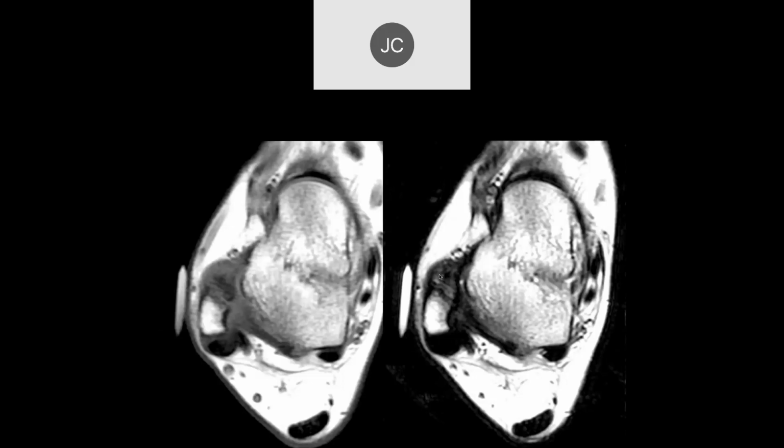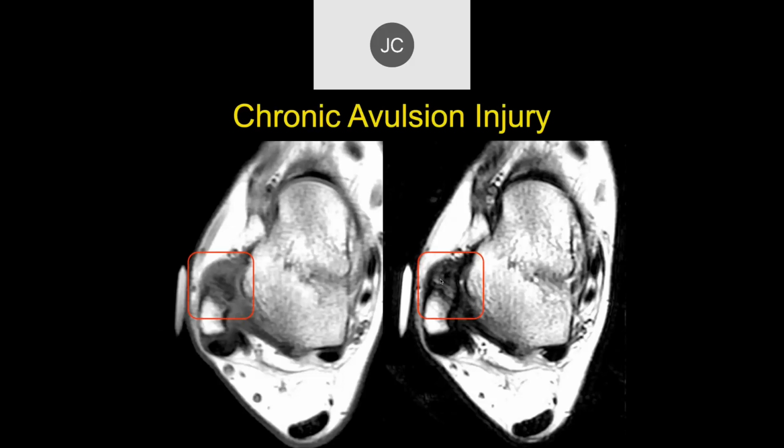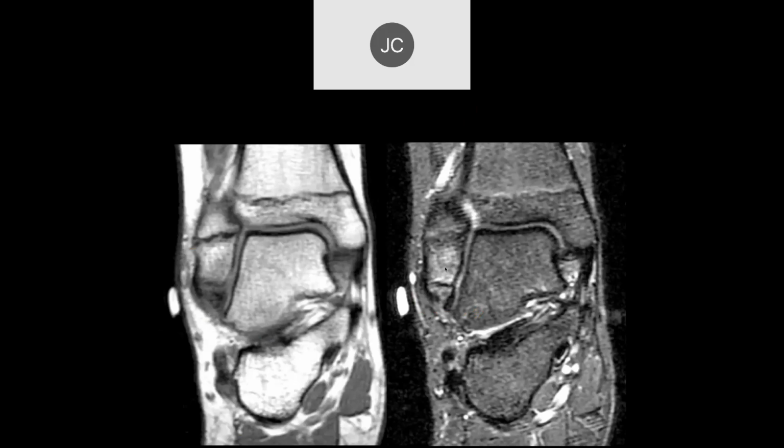So this is a fracture, but notice there's a lot of signal loss here in the bone, a lot of eburnation in the margins, and this is a chronic avulsion injury. And this is the kind of injury that can lead to the os fibulare that we were talking about before.